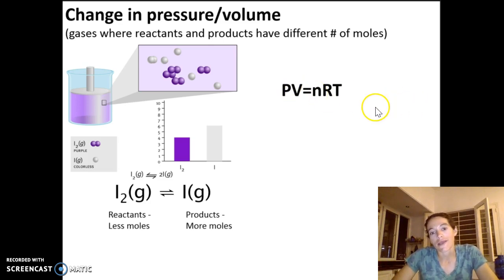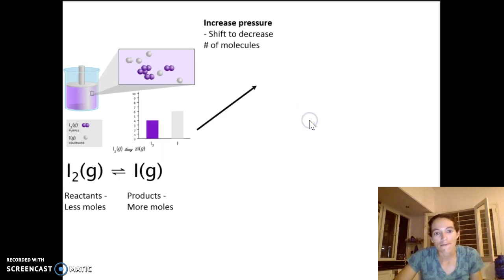And so if we increase the pressure, and usually by doing that we've decreased the volume, the number of moles is going to have to decrease in order for that to happen.